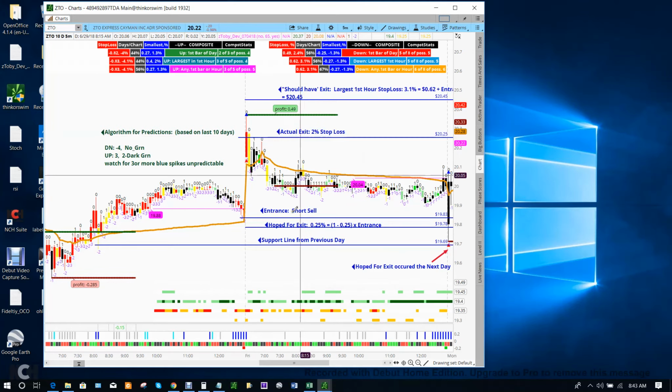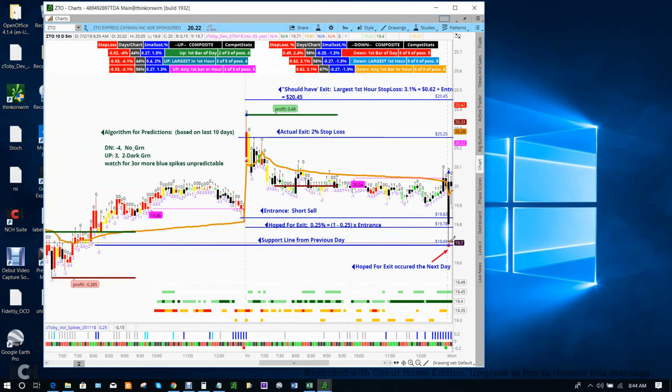What I could have done was, like I did, have a limit here and leave it alone. It would have hit right there, boom, in the first bar of the next day. What I should have done was set the stop loss up here, because that's the 3.1%. But I went down here and it hit the stop loss first, and so I lost 2% of the money.